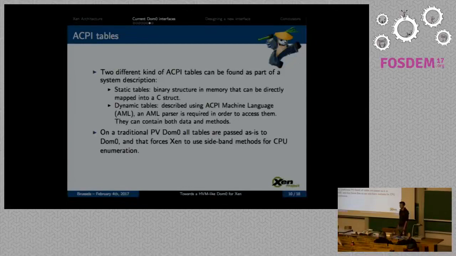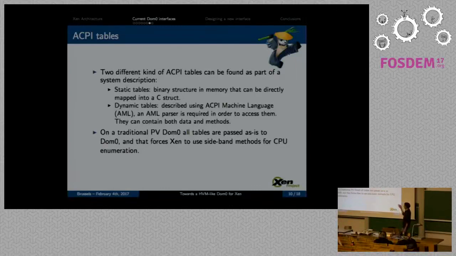This language requires you to have a parser inside of the kernel in order to discover these tables, and in these tables you actually find static information about devices, but they also contain methods that you can actually execute. So they are a little bit more complex, and this is where, for example, you find the information about all your PCI devices. Most of the information on the system actually comes from these tables.